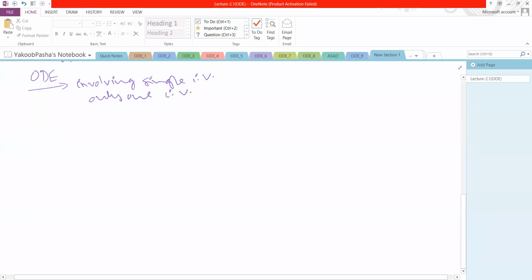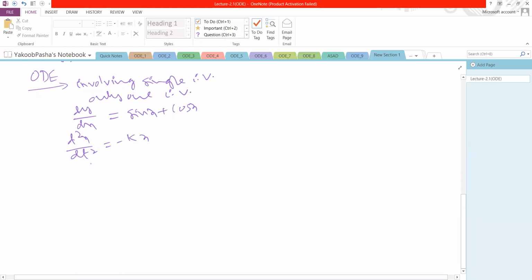For example, dy by dx is equal to sin x plus cos x. Here x only is the independent variable, and I am taking another example, d square x by dt square is equal to minus kx.